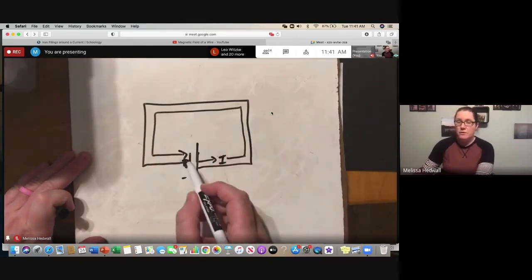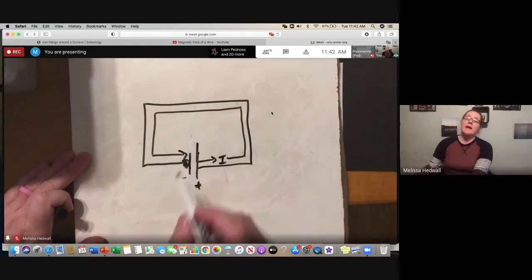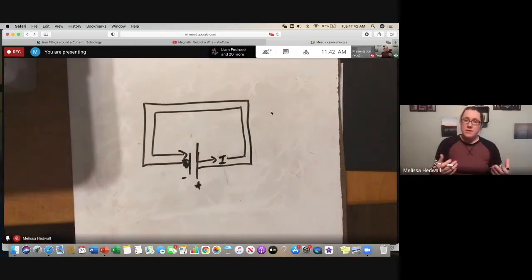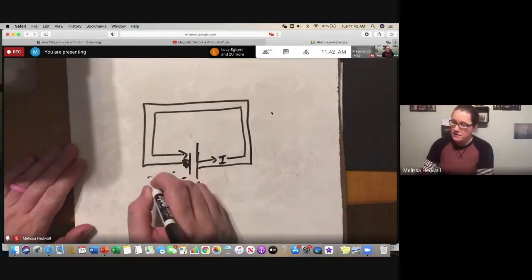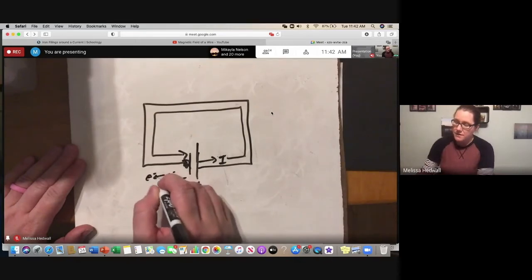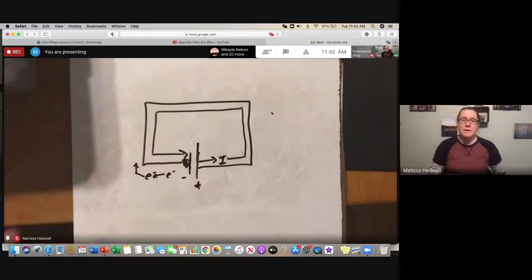When it got over here, it would be drawn into the negative side of the battery. But as time went on, it was found that it wasn't actually a positive charge creating that current. In fact, it was the movement of electrons, and electrons have a negative charge. So the flow of electrons goes in the opposite direction of what we talk about as current, because electrons are negative and are repelled by the negative side and then drawn into the positive side.